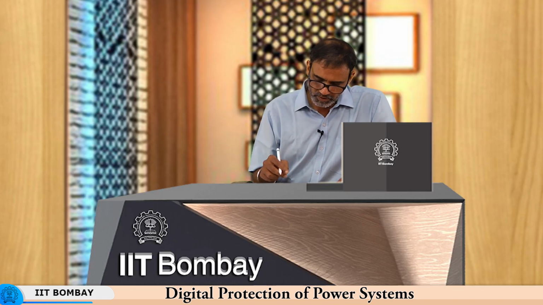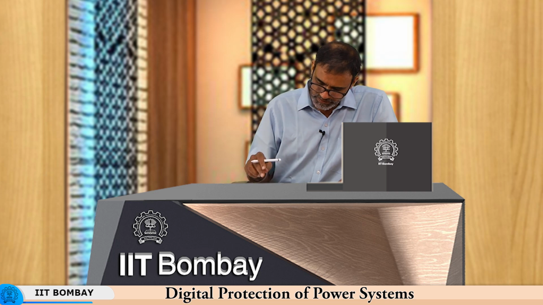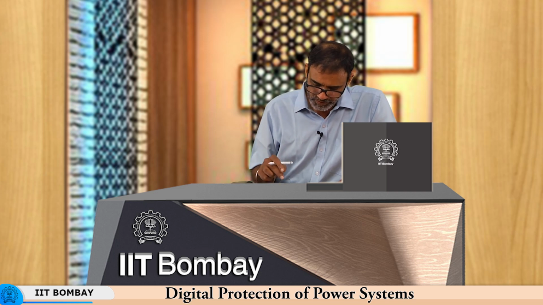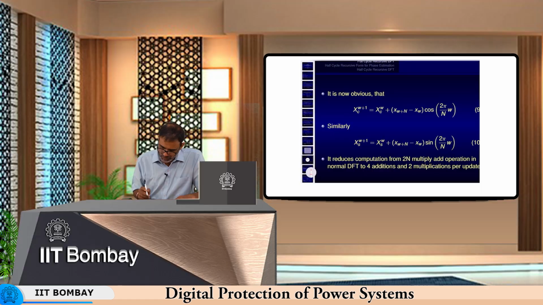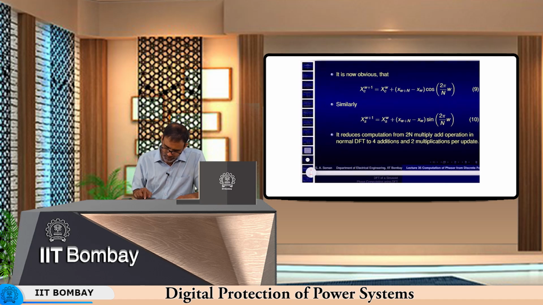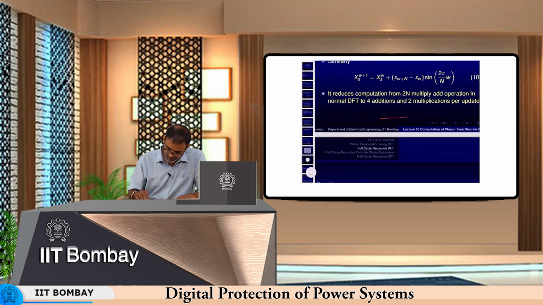Now, for the last sample everything is similar. If we take here the subscript m has been dropped, or the index m has been dropped, that is why you get 2 pi n 2 pi w. So, this is what we derived. It reduces computation from 2n multiply and add to 4 additions and 2 multiplications per update.